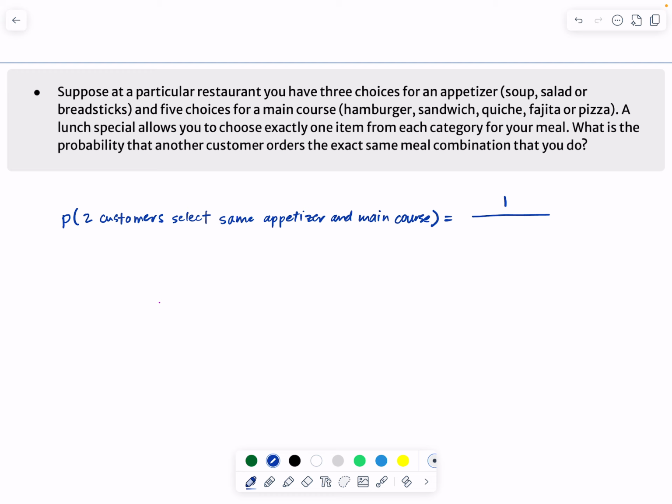The thing that we need to count is how many total outcomes here are there? How many total appetizer and main course combinations are there? And to do that, what we need to think about is that there are three choices for appetizers.